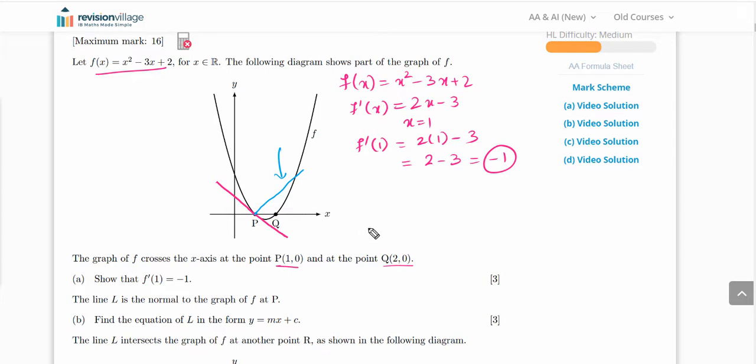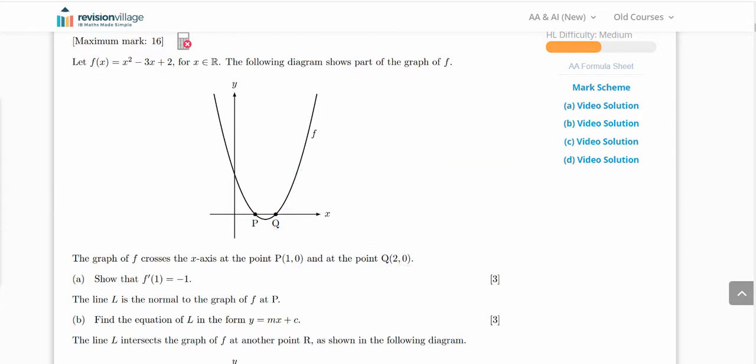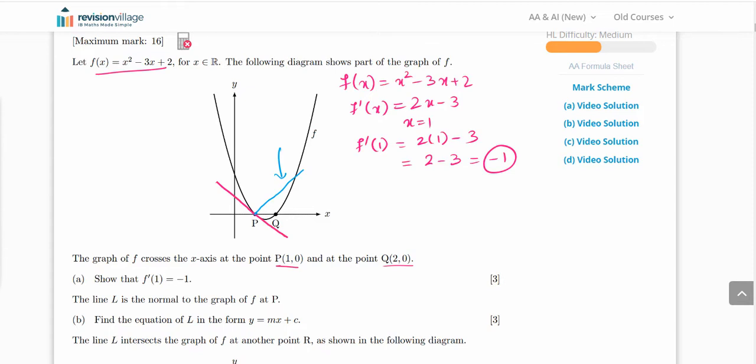In order to work out the equation, we need the gradient and the y-intercept. So first of all, we'll work out the gradient of this tangent, and from this tangent we will get the gradient of this normal because they are perpendicular to each other. So we need y equals mx plus c.